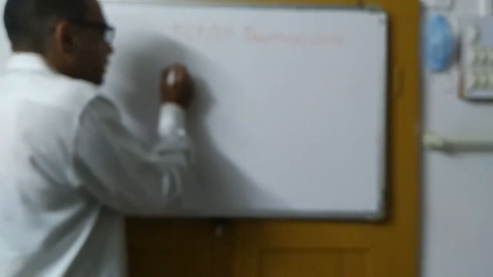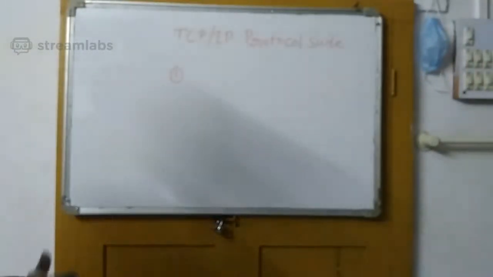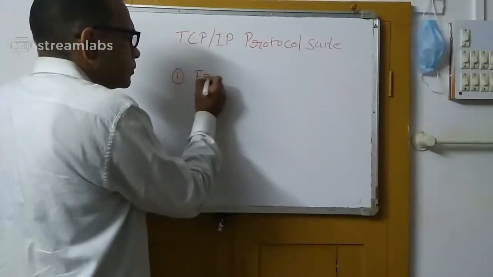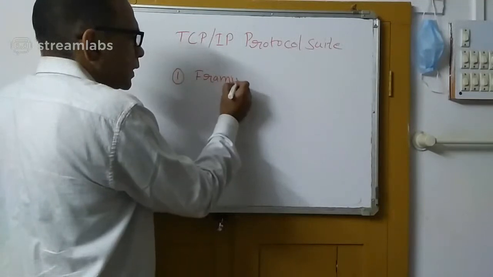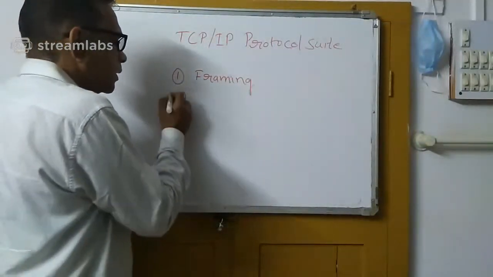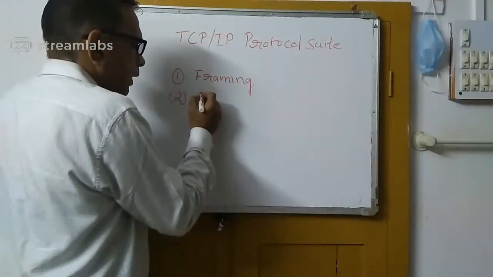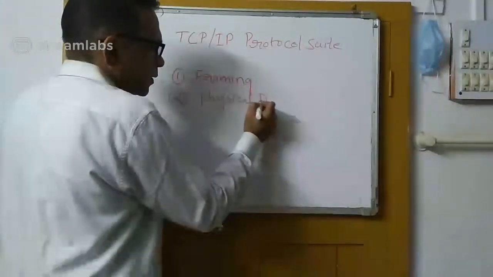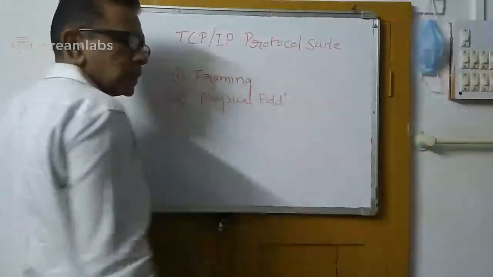Next we also discussed the link layer. I'll just go through it. I talked about 5 functions of the link layer. The first one is framing. The second is physical addressing.